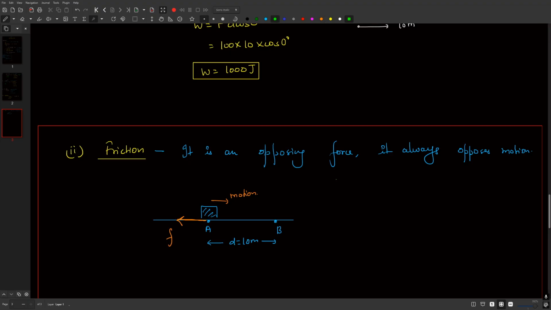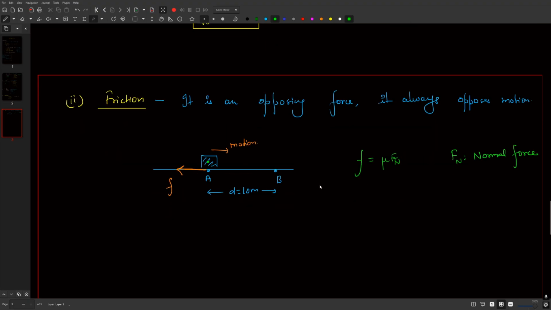Also, to calculate friction, the formula for friction is mu Fn, where Fn here is the normal force. Now, what is normal force? It is a reaction force which appears due to the contact between the box and the surface, and also because there is this weight acting on the box.